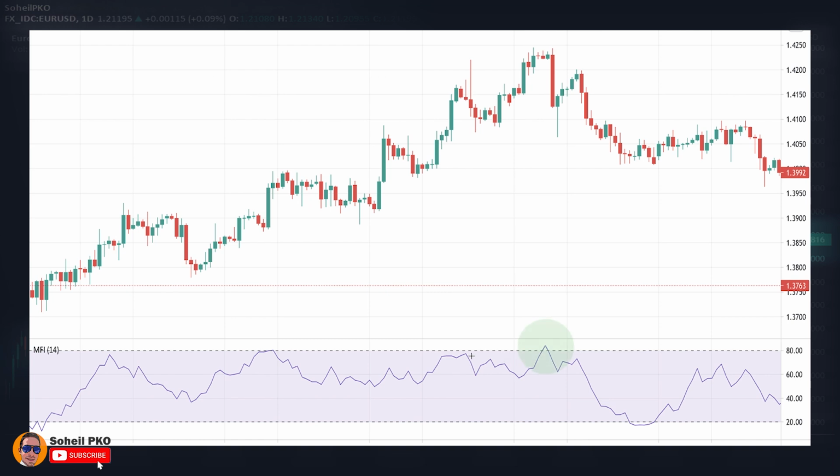MFI readings above 80 are considered overbought, and the ending of the current trend and declining of the price is expected. It can be in a form of reversal and turning of the price to downtrend like what happened here, or the current trend may stop and go to a trading range before either reversal or continuation of the prior trend.